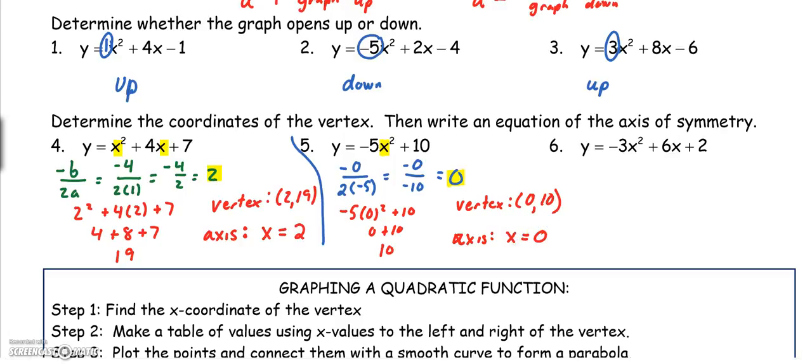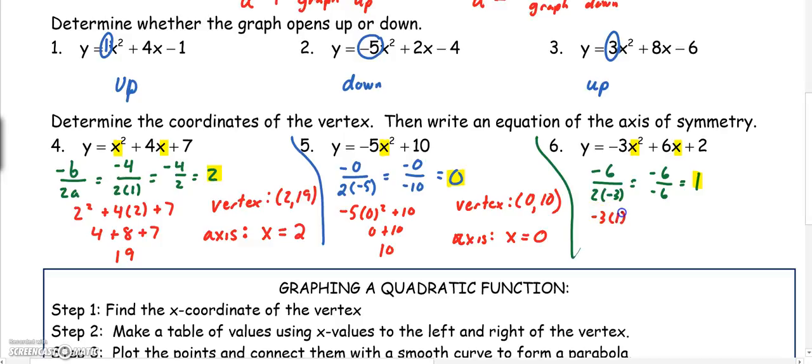In number 6, to find my vertex, my b value is 6. So negative 6 over 2 times the a value, which is negative 3. That gets me negative 6 over negative 6, which is 1. So now I'm going to take 1, I'm going to substitute it in for x.